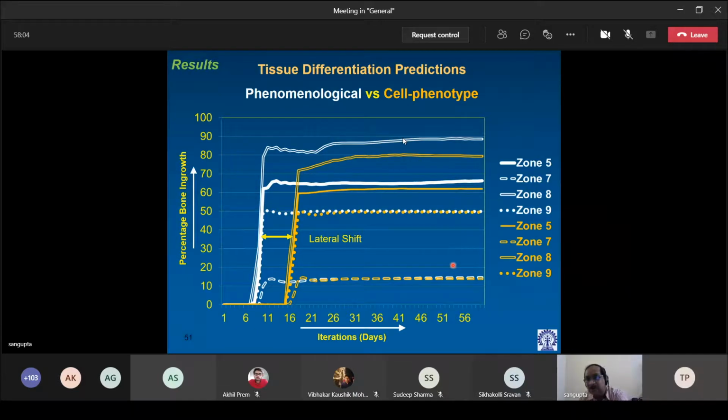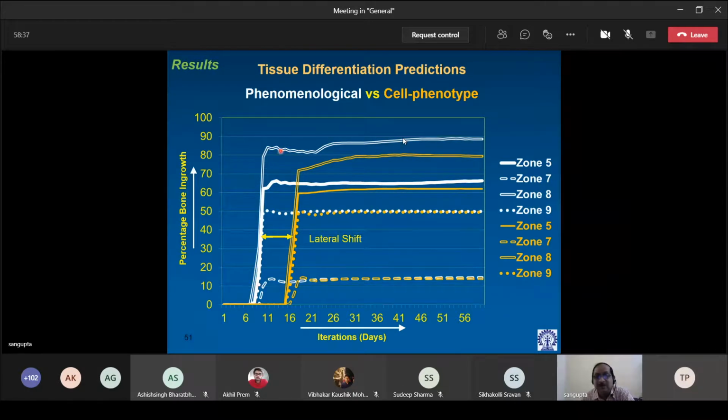So what was the problem? The phenomenological model is a much simpler way of implementing the tissue differentiation algorithm, whereas the cell phenotype model was far more complex, with all the cellular mechanisms being modeled explicitly. If we monitor the evolutionary process of both methods, we can see a lateral shift.